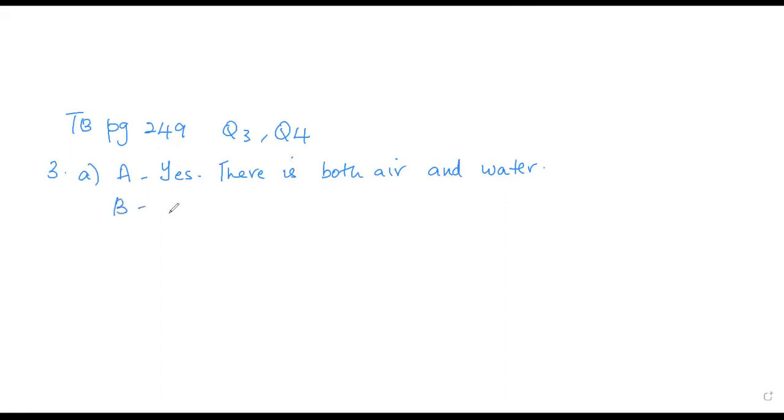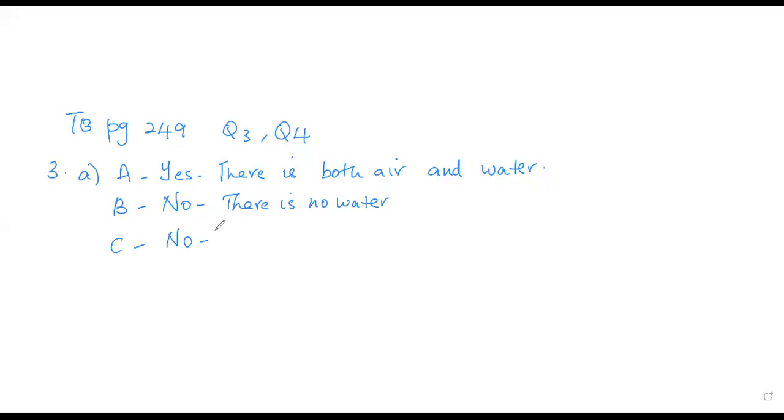Does the iron nail rust? No. The reason is there is no water. There is air. There is no water because the water is absorbed by the drying agent. In C, does the iron nail rust? No. Why?